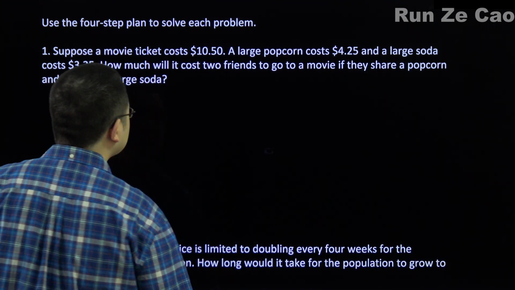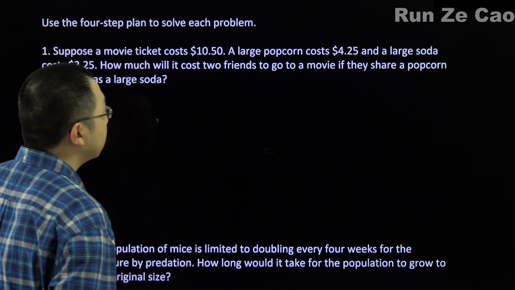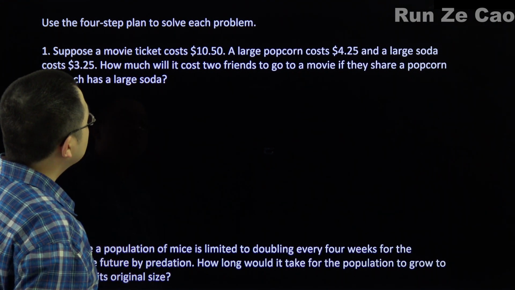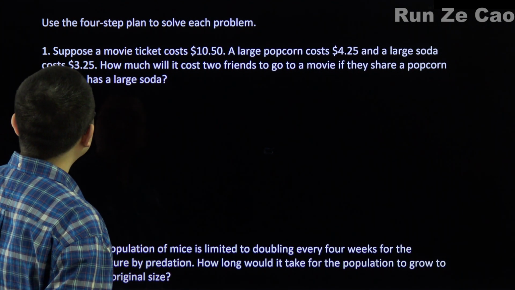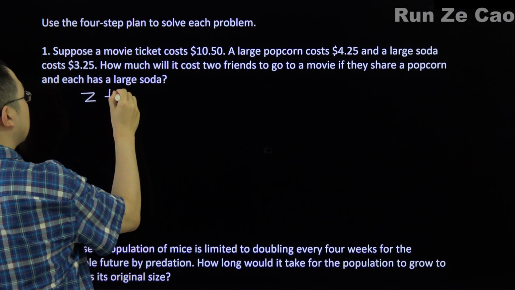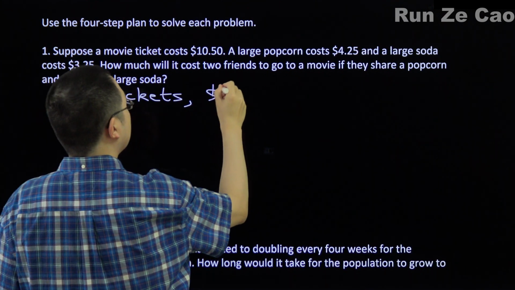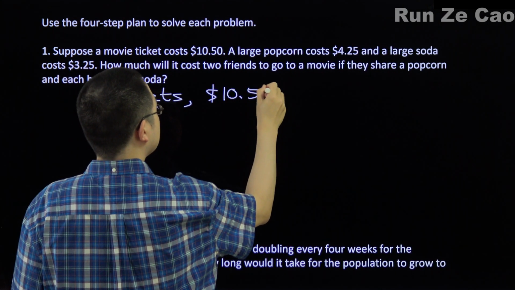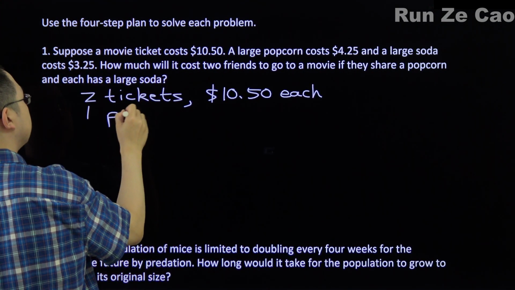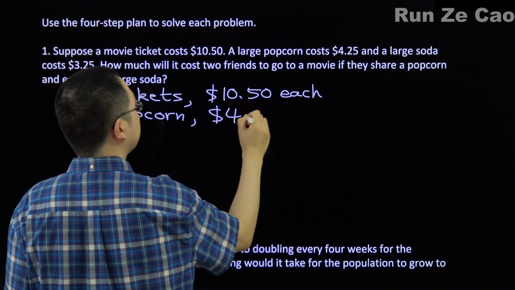Suppose a movie ticket costs $10.50, a large popcorn costs $4.25, and a large soda costs $3.25. How much will it cost two friends to go to a movie if they share a popcorn and each has a large soda? So we have 2 tickets at $10.50 each, 1 popcorn at $4.25.